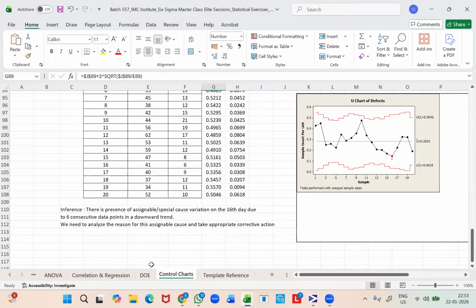I will also attach the sample project document along with the project documentation template. Again, I repeat, this is not a mandatory exercise. Those who are interested to work on a Six Sigma project may fill in that project initiation form and submit it to me and start working on either a real-time project or a simulation project.